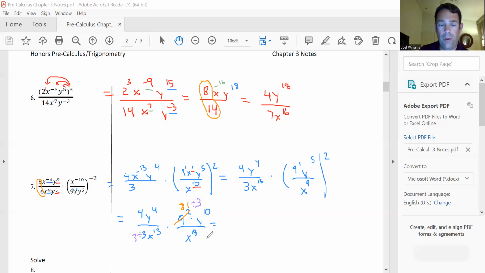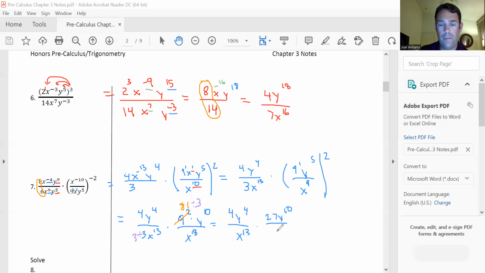So 3 divided by 3 is 1. That means that 3 goes away. So I have 4y to the 4th over x to the 13th. And 81 divided by 3 is 27. So 27, y to the 10th, x to the 18th.